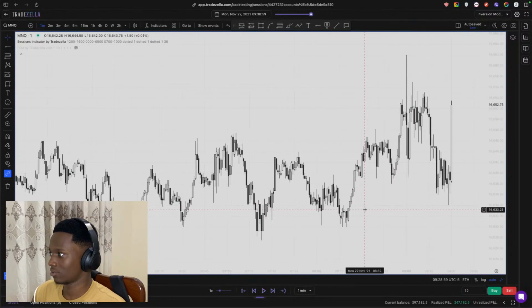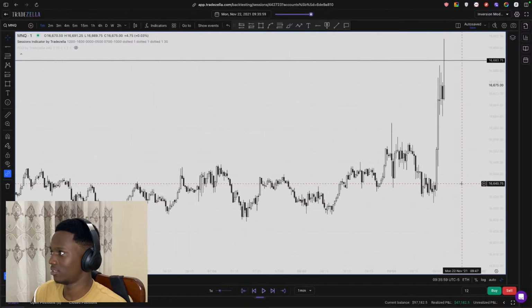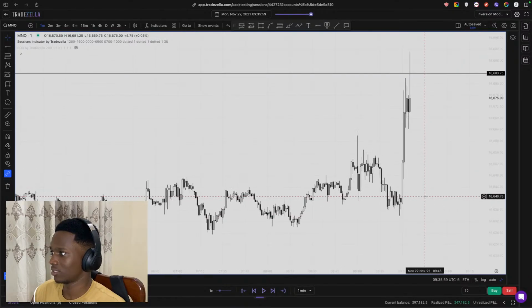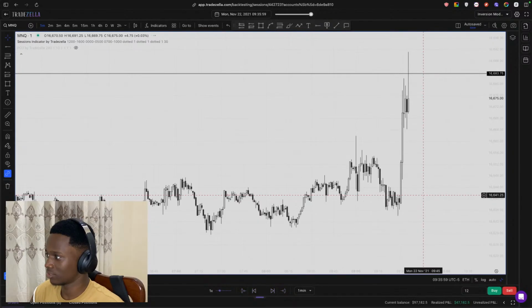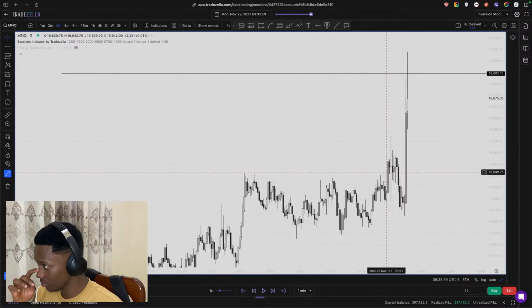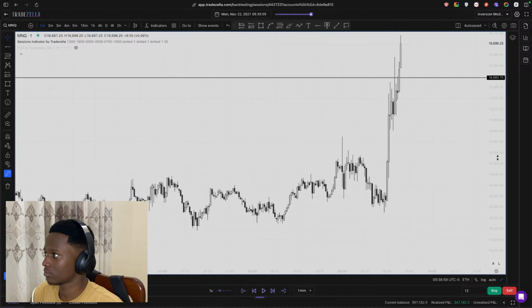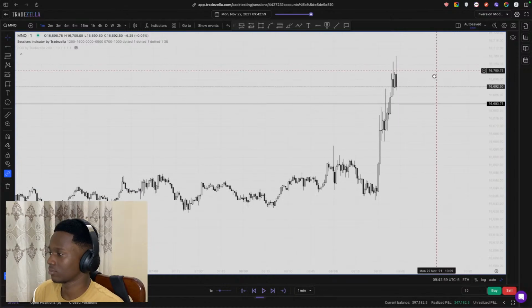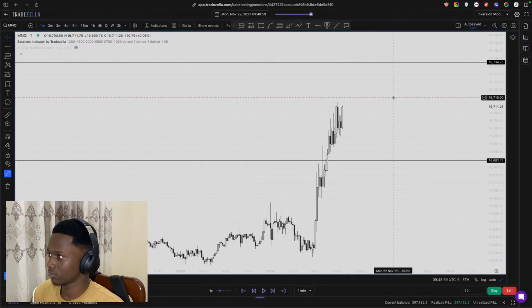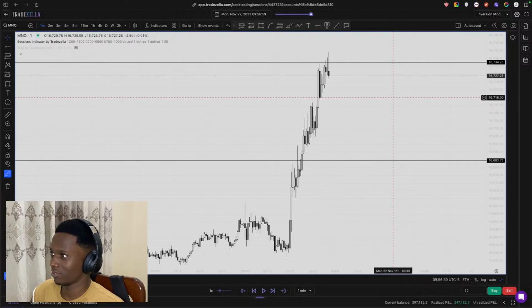And right there, open flies higher and hits this first standard deviation. So there was no retracement at all, but we have a tap into the third standard deviation.